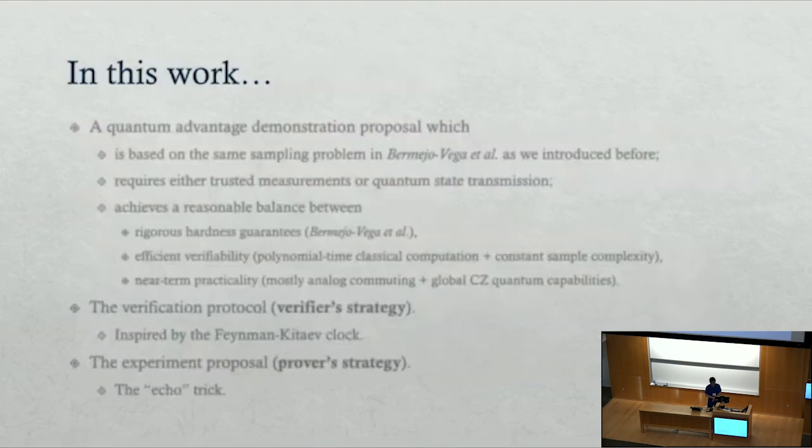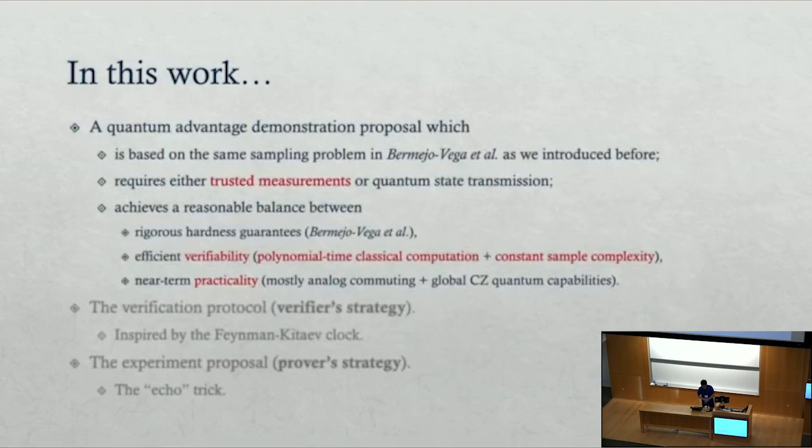And in this work, we propose a quantum advantage demonstration protocol, which is based on the same sampling problem as in the Bermejo-Vega et al. paper, and requires either trusted measurements or quantum state transmission, and it achieves a reasonable balance between three nice features.